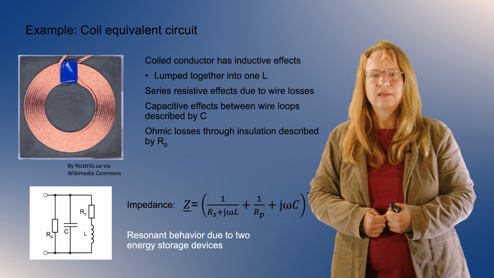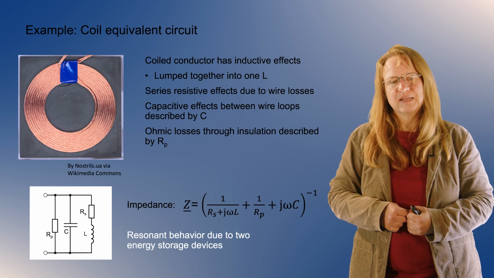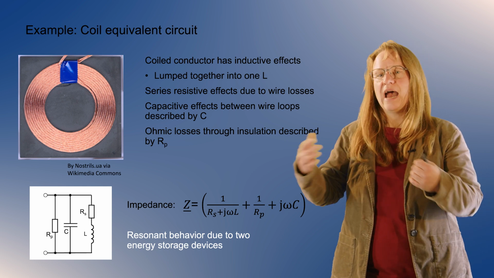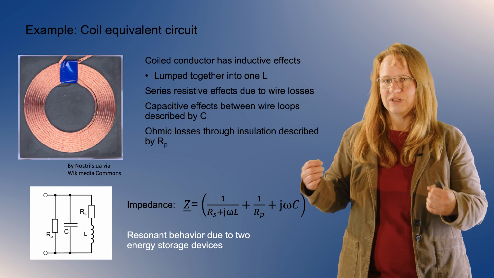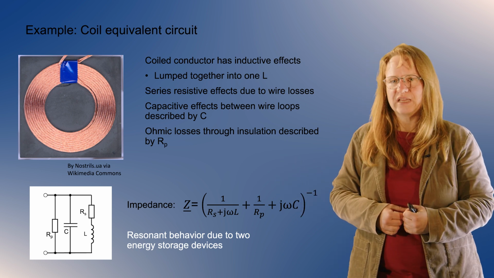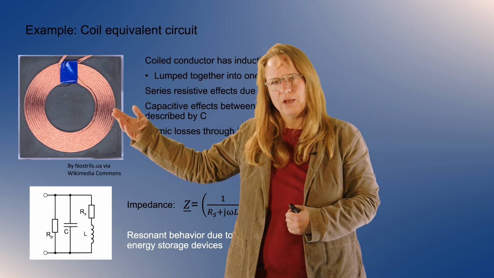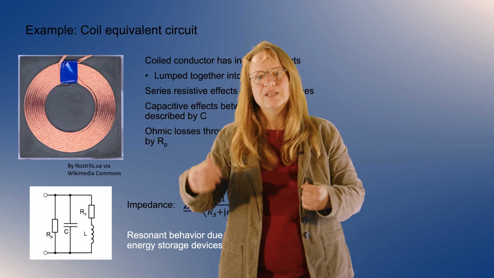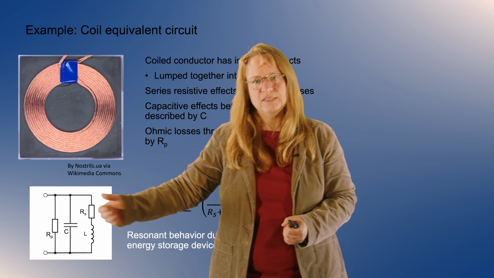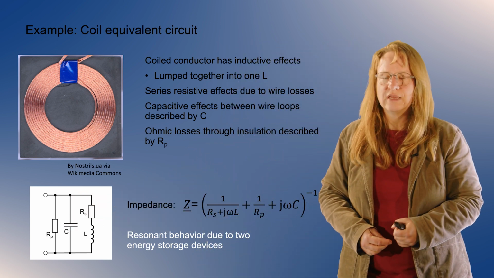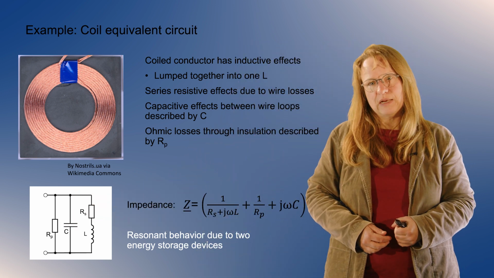And you can calculate from this equation here where the resonance of the coil happens. If you have small capacitive effects, it will typically be at high frequencies, and therefore for energy applications it is less important than for high frequency applications. But each coil also will have a resonant effect because of this parasitic capacitance that we have due to the insulation between the inductors.